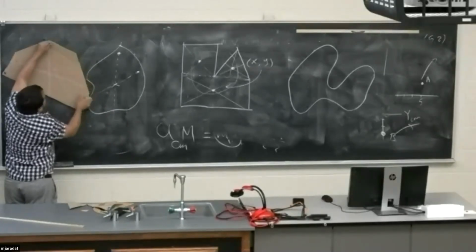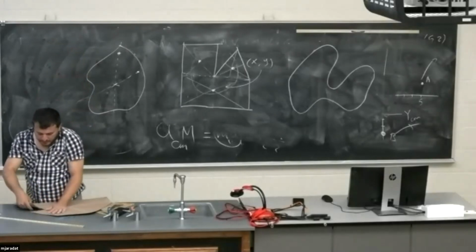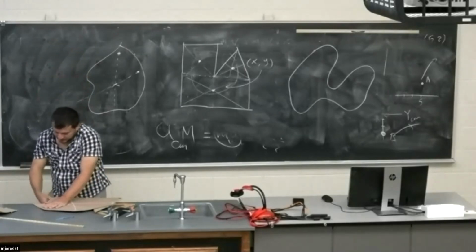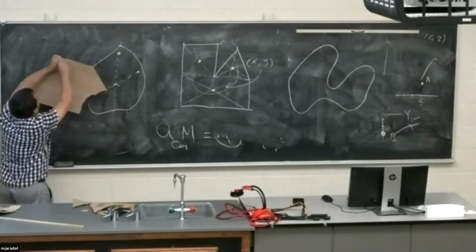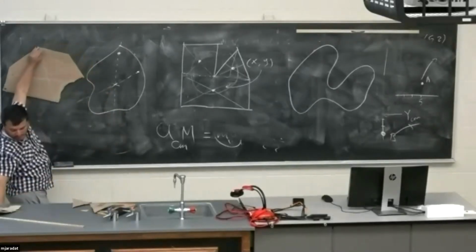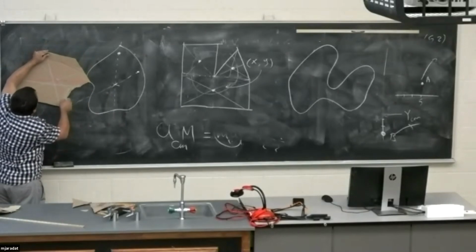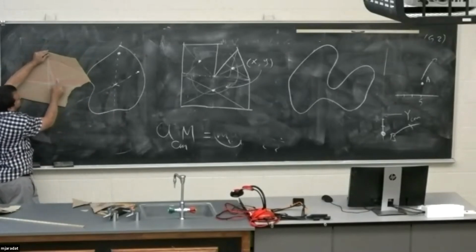It's almost the same. If I change it like this, I'm free to do that. This is another center of mass. I need to make it away from the original one.